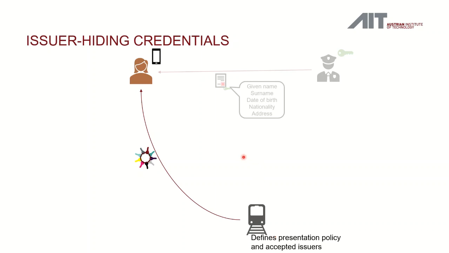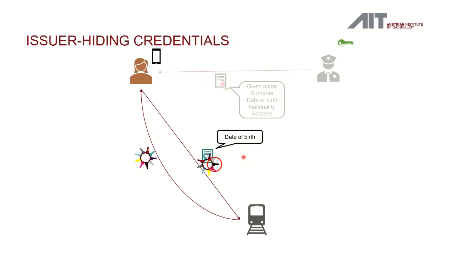And the user is now going to prove that she knows a digital certificate from one of those accepted issuers without revealing the precise issuer. So for instance, in our university use case, the user could now prove that she is studying at some university and not at a specific university in order to show that she's eligible for a student discount.